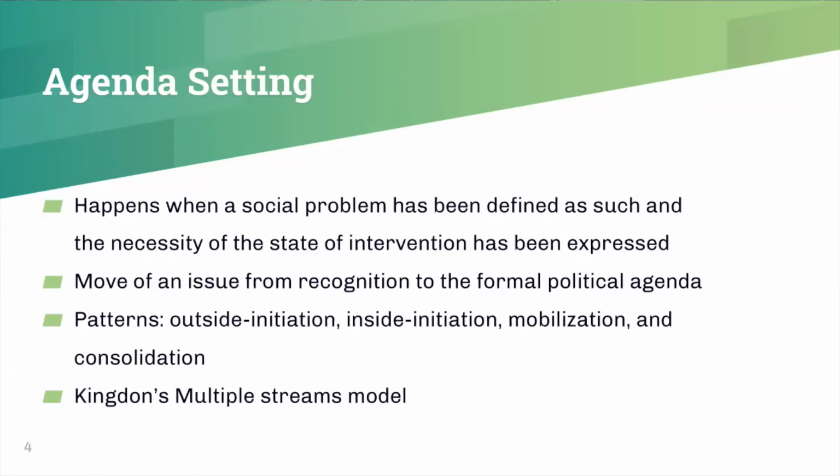And there are several patterns, the first of which is outside initiation. This is when social actors force governments to place an issue on the systemic agenda by way of gaining public support. Conversely, the inside initiation pattern happens when interest groups have direct access to government agencies and are capable of putting topics on the agenda without major interference or sometimes without even the knowledge of the public.